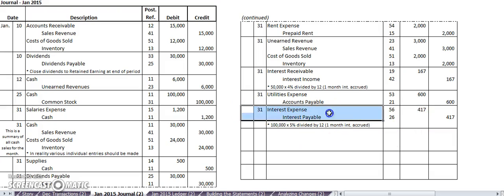We're going to recognize the interest expense, and we're also going to create a liability, because in this case we have to pay that in the future, in the next month, or whenever it's due, $417. It doesn't matter when you're going to pay it, but the important thing is that you want to recognize the expense this month. That's the matching expense principle. That's the expense that pertains to that month.